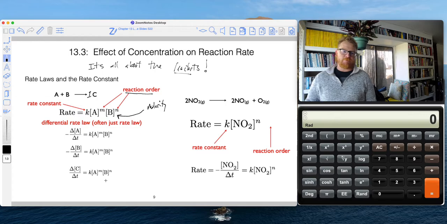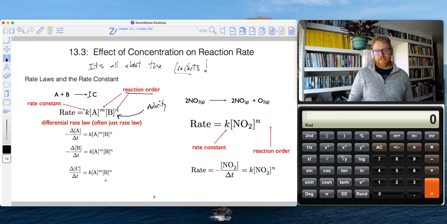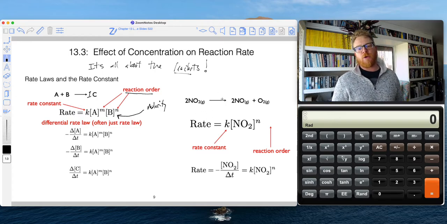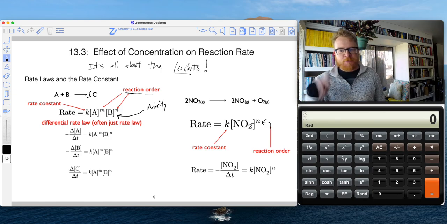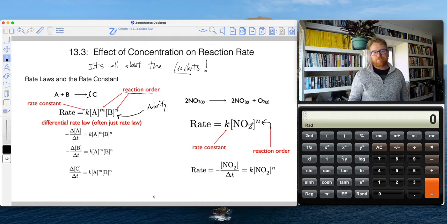Okay, let's look at a specific example. Here's the reaction of 2 NO2 makes 2 NO plus O2. We could start very generically and say rate equals k times the reactants. Notice we don't even care about the products here, because it's all about the reactants, and then we raise it to this reaction order power. It might be tempting to look at this 2 and say, just like in equilibrium, when we had a coefficient in front of something, we raised it to that power.